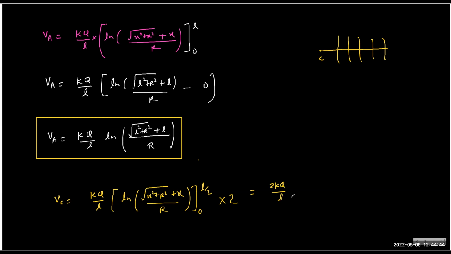Okay. So this answer will turn out to be 2Q by L, but in the ln part, it will become R square plus L square by 4, like this. And now you can take the difference, VC minus VA. So I'm leaving this part. Now you can find VC minus VA. Okay, anyway.